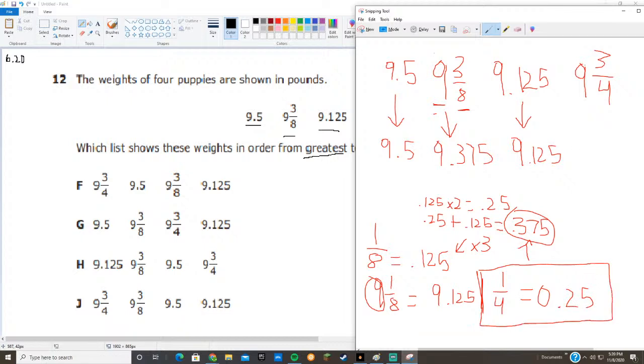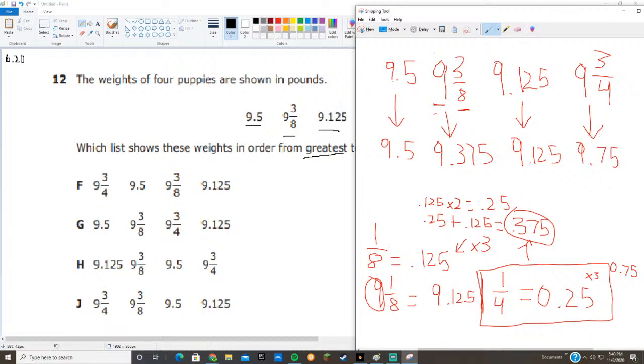But we have 3 of those. So we'll just be multiplying this 1/4 times 3, which is equal to 0.75. So we take the 9 and we add the decimal, 0.75, making 9.75.